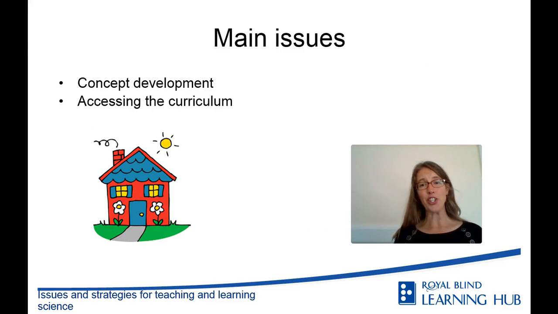But what are the main issues? On the slide here, I've addressed two main issues. I'm going to talk about the first, concept development, to start off with. To help you understand what I mean, I've put a little picture of a house at the bottom of the screen. As a sighted learner, I recognise very quickly that that is a house.